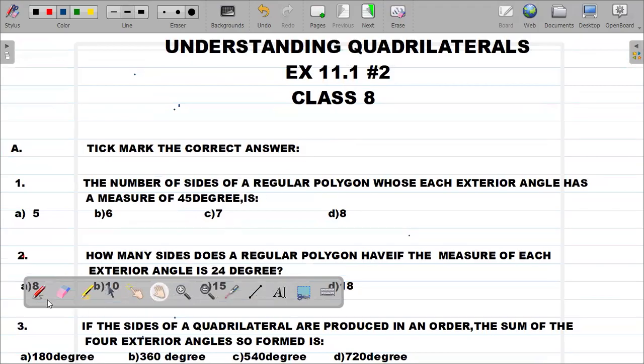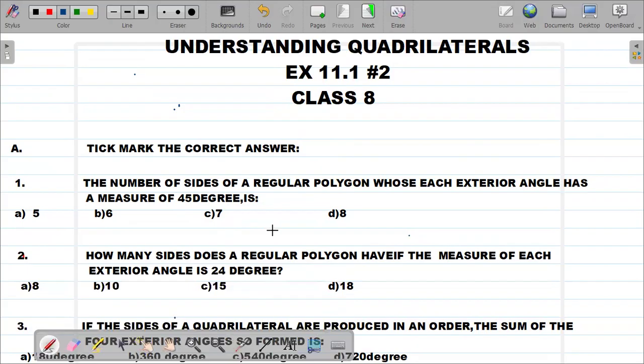First question we'll be solving: the number of sides of a regular polygon whose each exterior angle has a measure of 45 degrees is. So we have to tell the number of sides. How will we solve it?